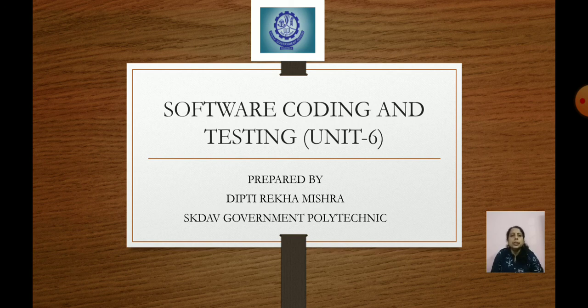So in this chapter we will discuss coding and different types of testing. After completion of this chapter, you will be able to know about the different coding standards and guidelines and different types of testing methods. Okay, so let's start.